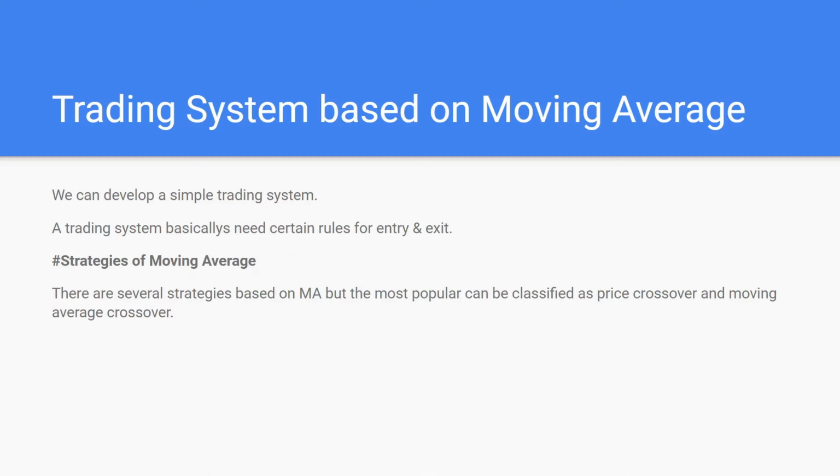Now let's go to trading based on moving average. There are two strategies which I'm following. One, price crossover. That means there is one moving average. What if the price crosses above that moving average? What will I do? What if the price crosses below the moving average? What will I do? This is one particular strategy. This strategy I will give for the public. And the second strategy is called moving average crossover.